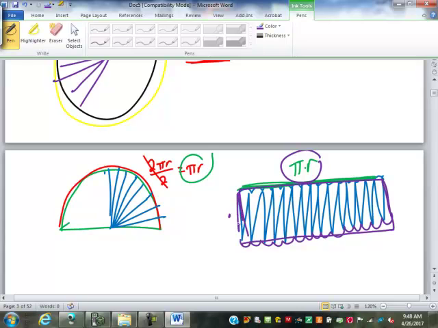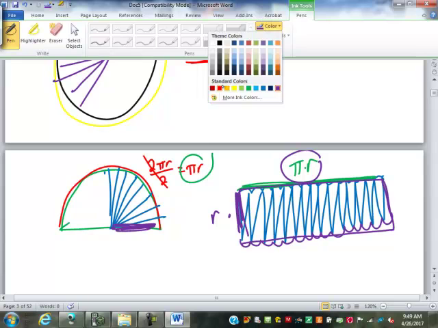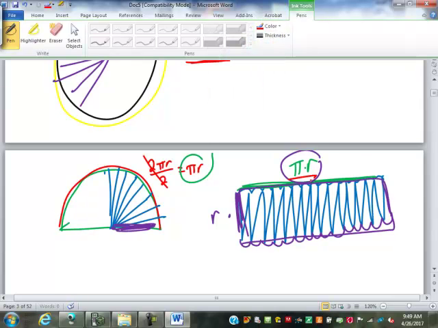What's the width here? What's this distance? Well, that's just this, which is what? The radius of the circle. So I've created a rectangle that's pi times r, times r, which is pi r squared. So that's where the formula for the area of a circle comes from.